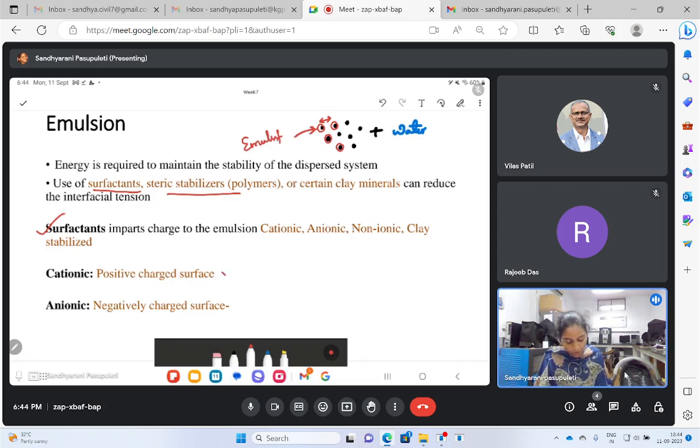If they provide positive charge on the surface of the bitumen particles, those are called cationic emulsions. That means this emulsion has a positive charge, because of the positive charge imparted from the emulsifier. In the same way, if I use an emulsifier that provides a negative charge onto the surface of the bituminous particles, that is called anionic emulsion.